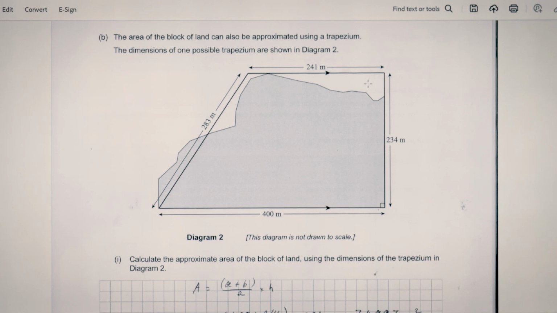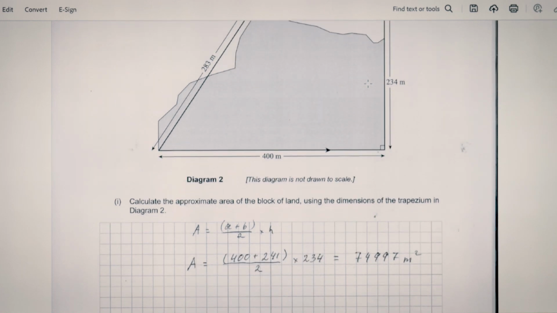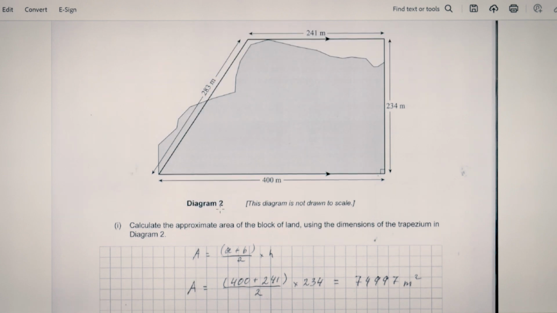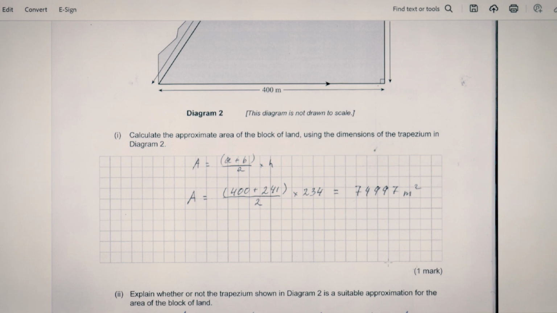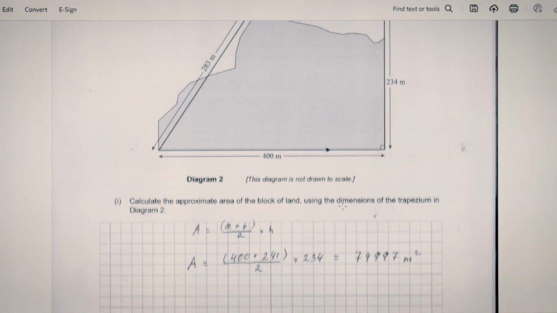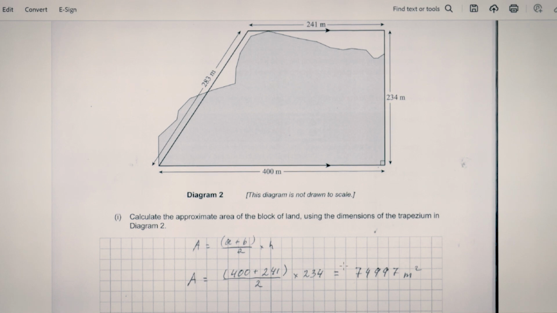This year it's quite visible, and they ask you to calculate the area using the formula for a trapezium. The formula is not given, so it's 1 mark only for this question. Just use the correct formula and substitute it, okay?